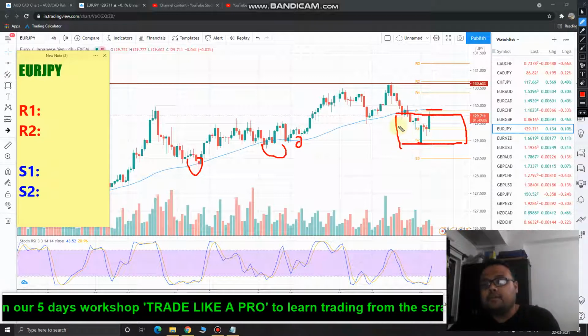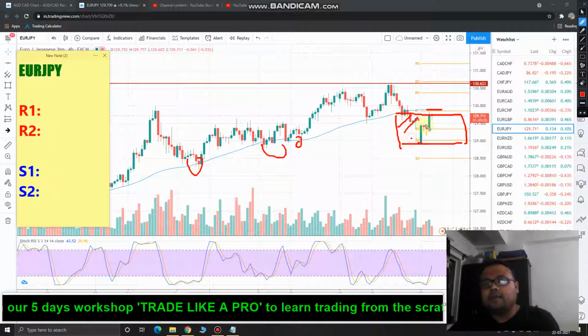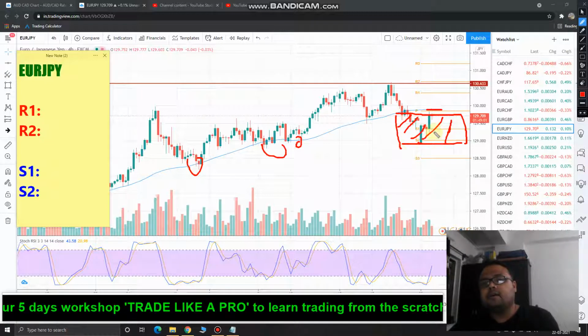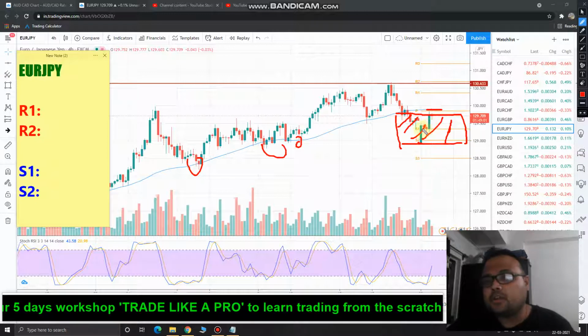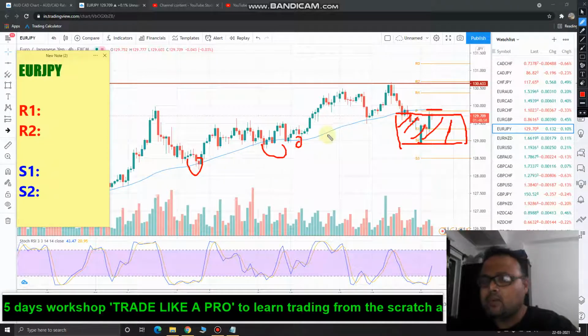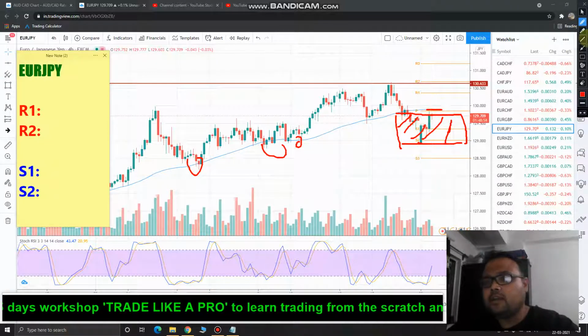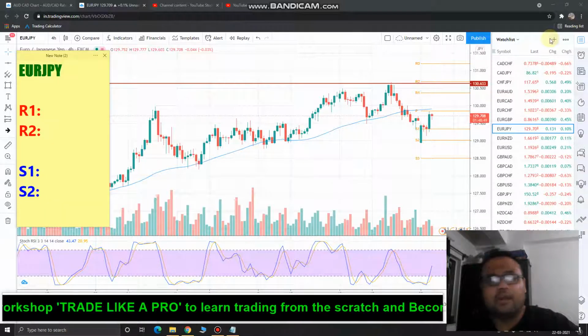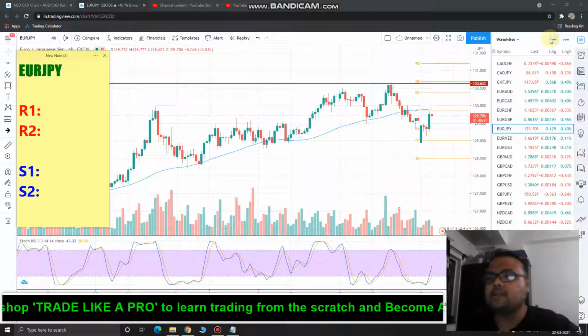Therefore, as we cannot tell anything right now, any trade in this position will be very risky. Shorting the market is not on the table because the market was in an uptrend. If we short the market here, it will be going against the trend. That's why we are not looking for shorting opportunities.